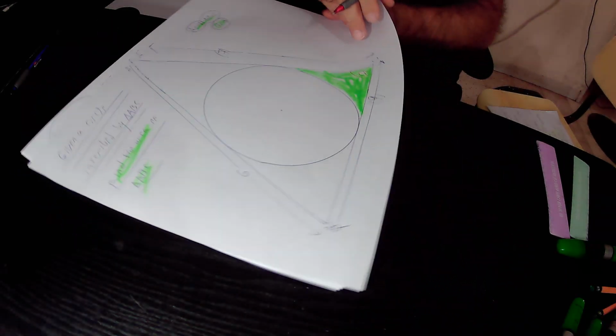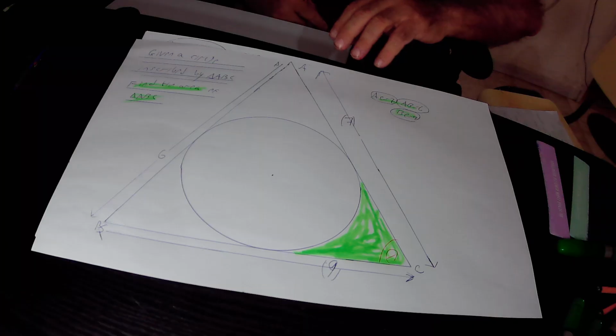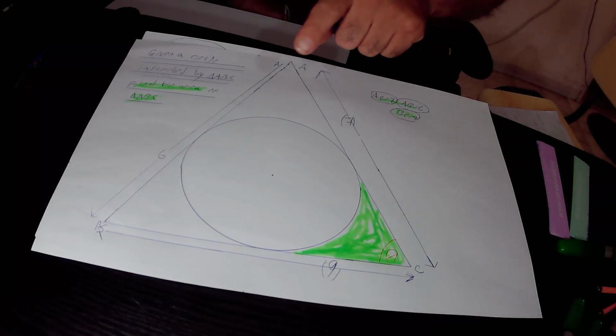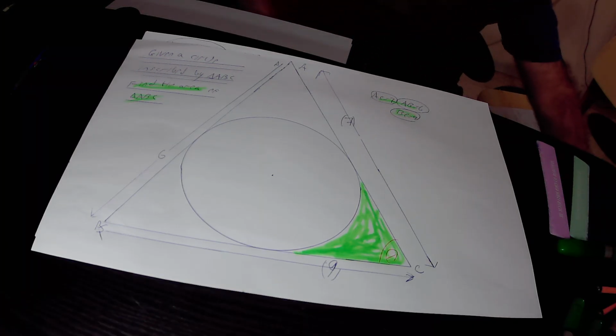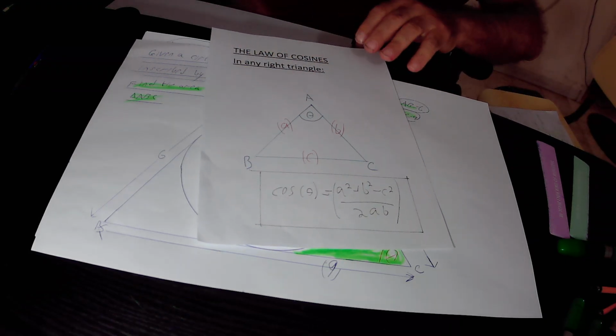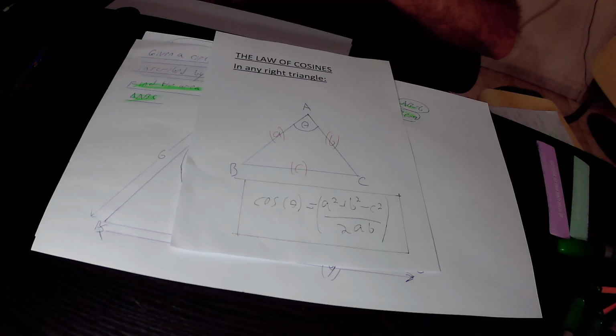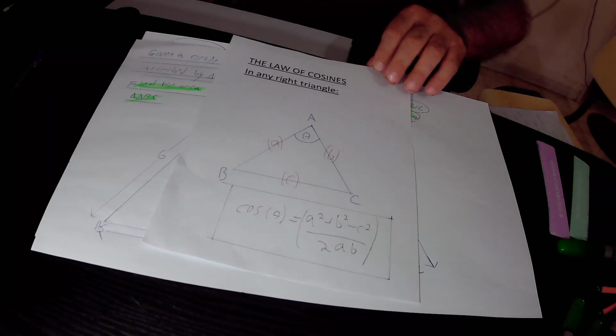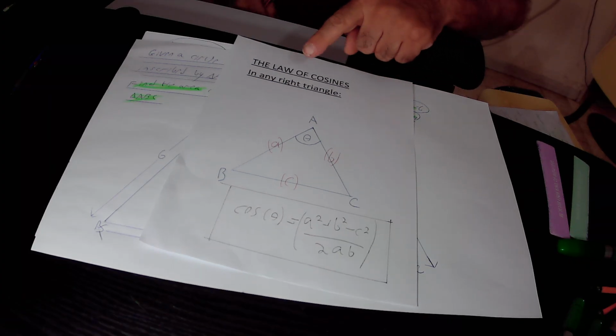And we'll implement the law of cosines in this triangle ABC. Let me quickly repeat the law of cosines. The law of cosines is true in any triangle. This is triangle ABC that could be any triangle.